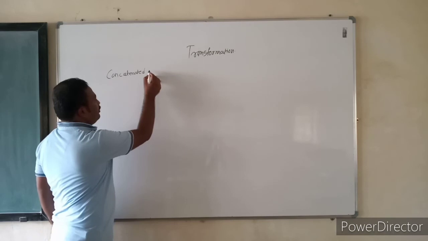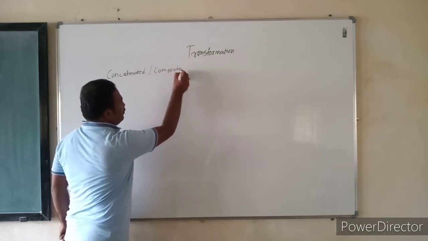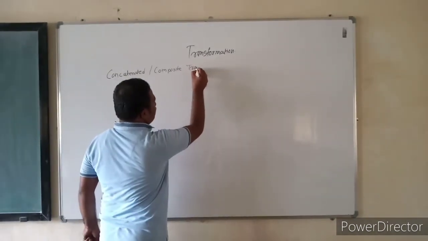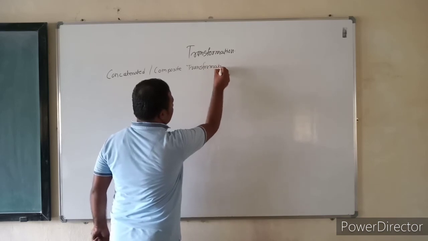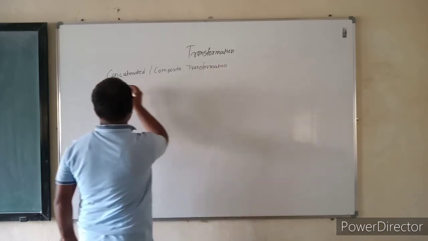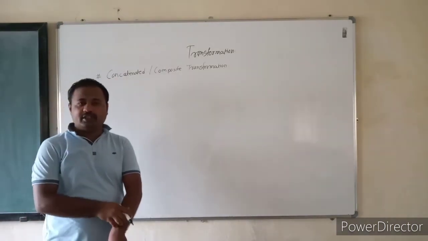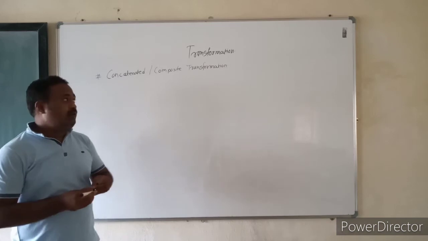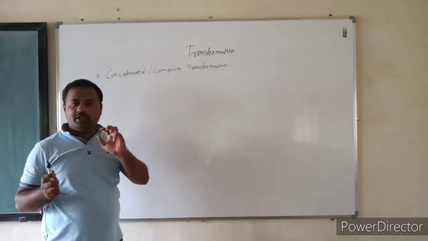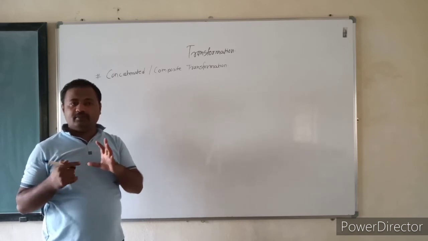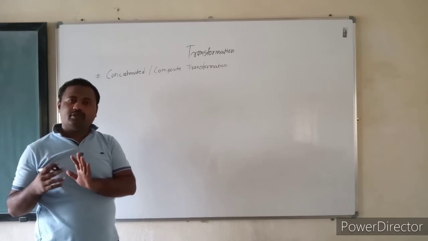Concatenated or composite transformation means you can apply multiple transformations to one model, two or more.